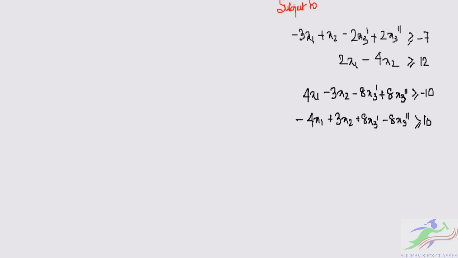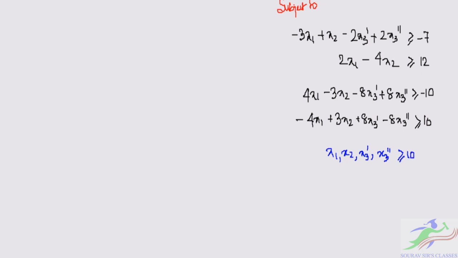So from here we can write that x1, x2, x3 prime and x3 double prime are greater than or equal to 0, right?